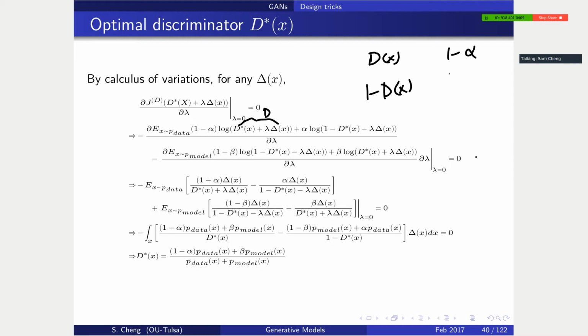Okay, I think I said that rather confusingly. Think of it as two different classes here. We have a class that is genuine, that's true, and a class that's fake.